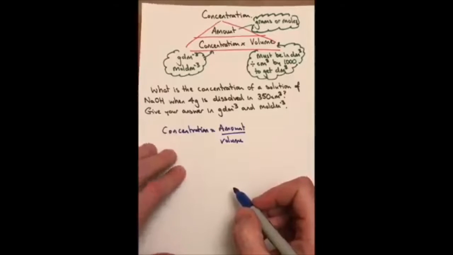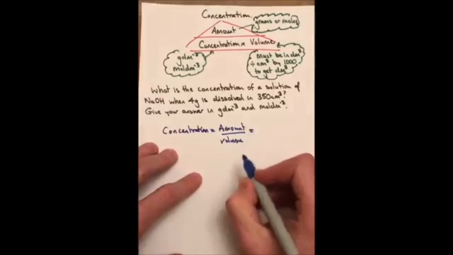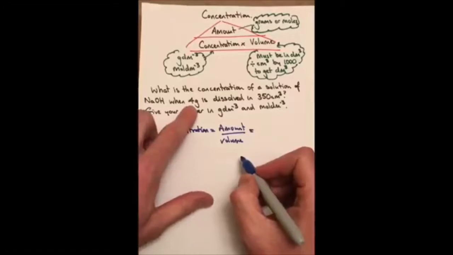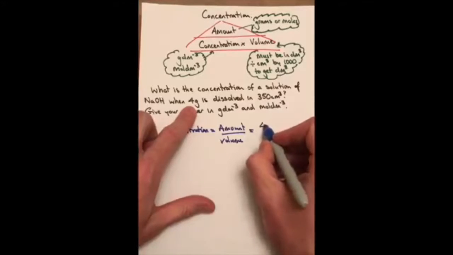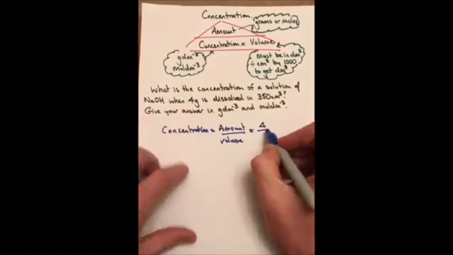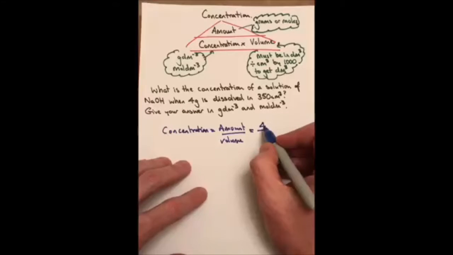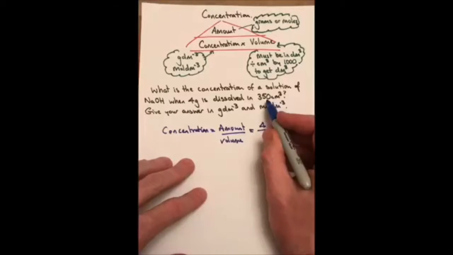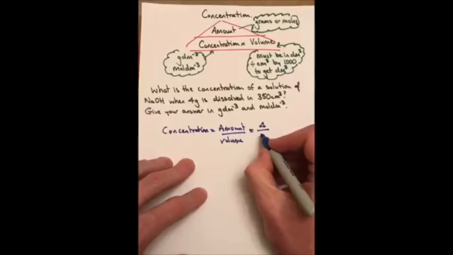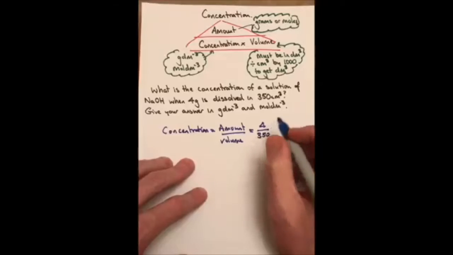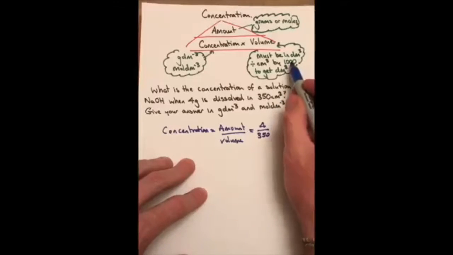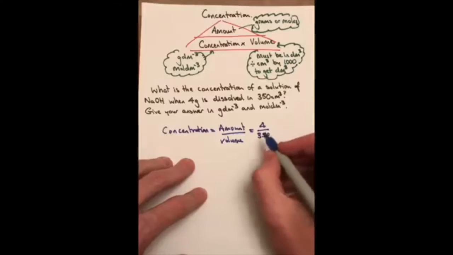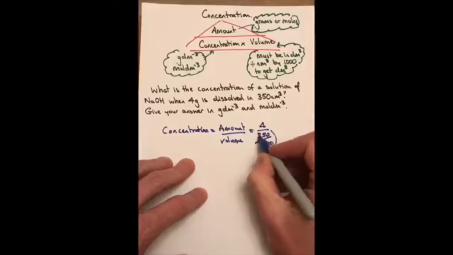If I go to the information in the question, I can see that the amount in this question is talking about 4 grams. So I'm going to take a value of 4 grams, and it's telling me that this has been dissolved in a volume of 350 centimeters cubed. So I've got 4 grams, 350 centimeters cubed. Now, because it's centimeters cubed, I have to convert it into decimeters cubed, so I'm going to divide that by 1,000.